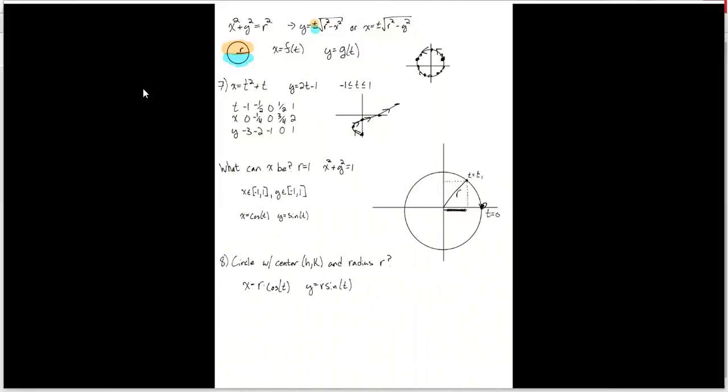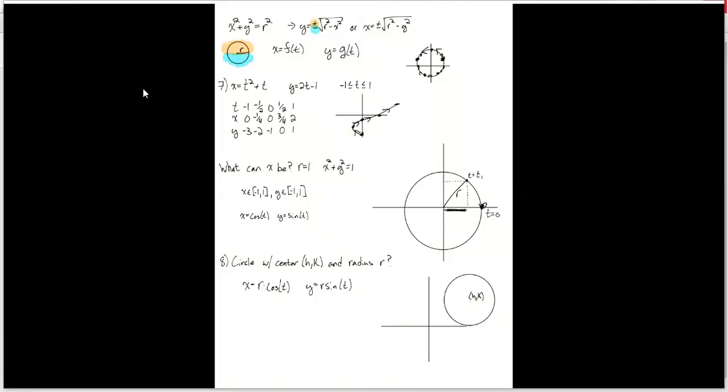Now, if we wanted to move our circle of radius r somewhere else, so we've got something like this. Well, there in the middle, we've got (h, k), right?